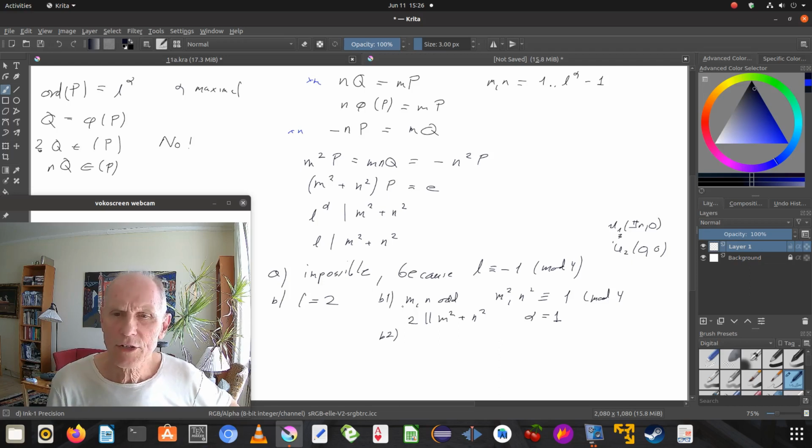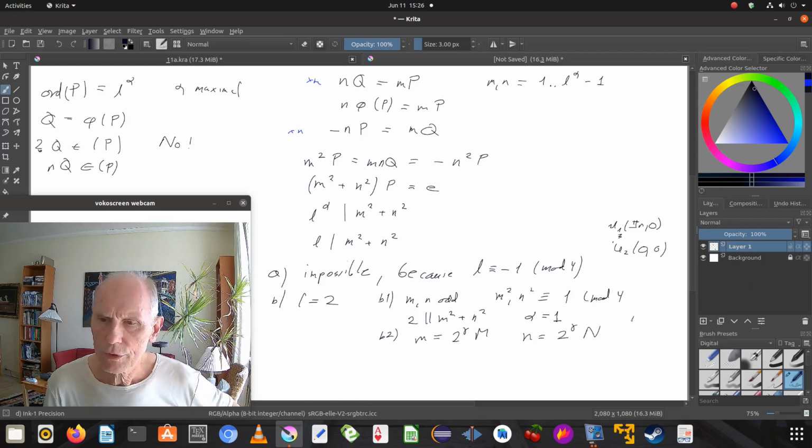So the greatest power that exists in the two, let's call that 2 to gamma. So that m is odd, and n we don't know about.